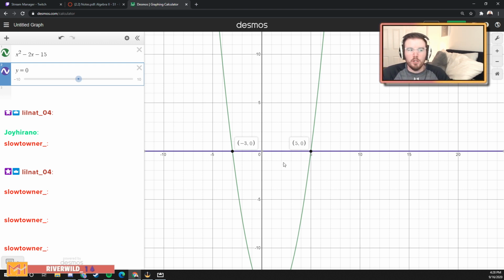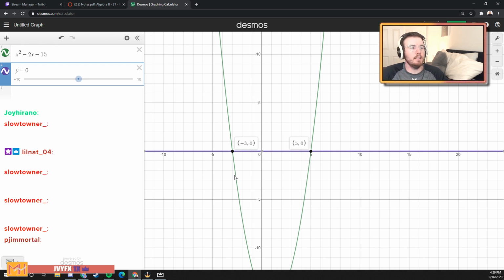Now, you might be asking yourself, why would I do this work by hand if I can just plug it into Desmos? Because you should learn it. You need to be able to factor, right?